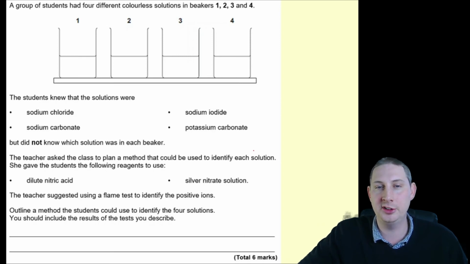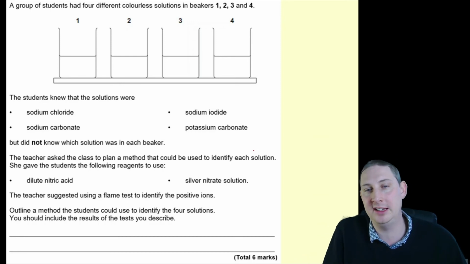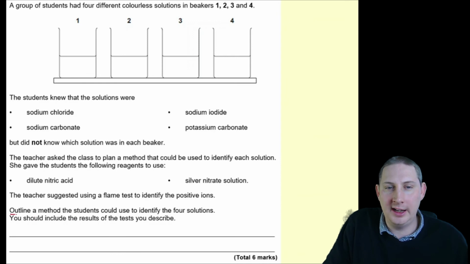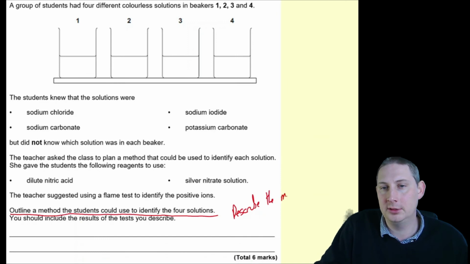She gave the students the following reagents to use: dilute nitric acid, silver nitrate solution. That's it. The teacher suggested using a flame test to identify the positive ions. As it says here, outline a method the students could use to identify the 4 solutions. So you need to describe the methods.